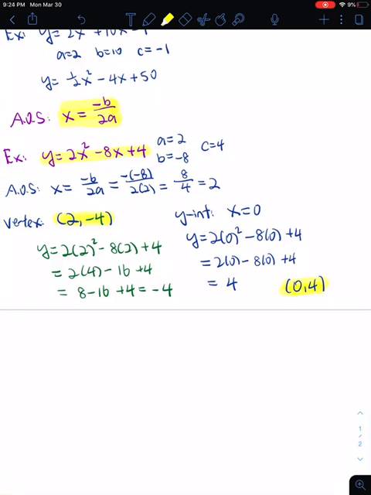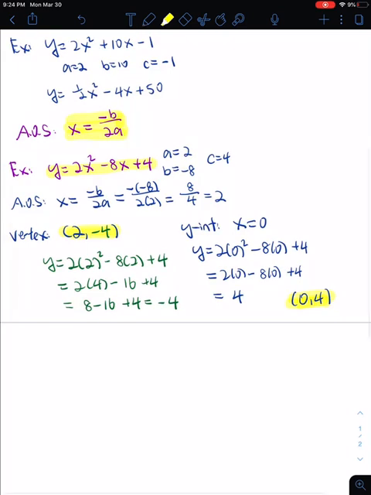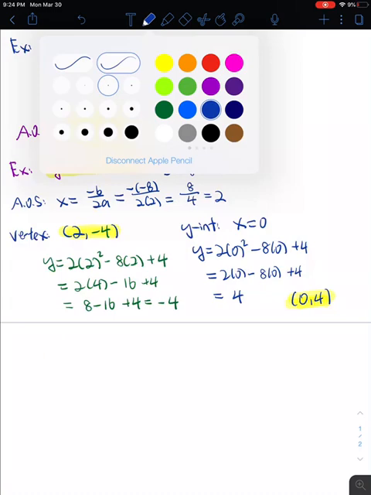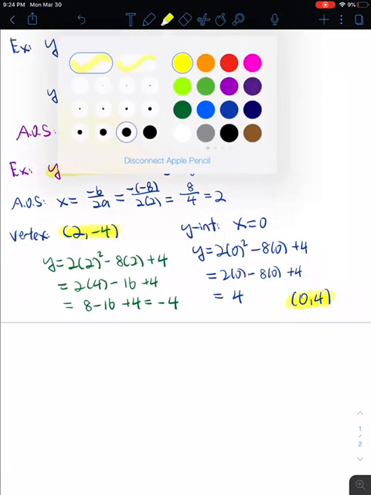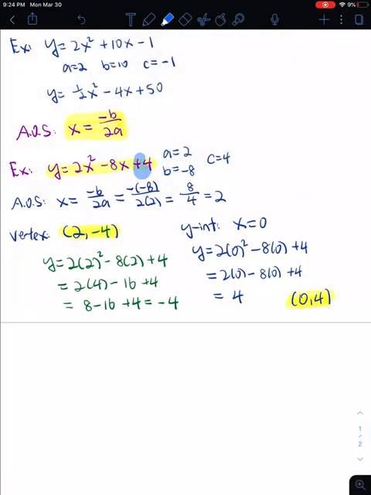Okay, and then if you notice, whenever we find the y-intercept given an equation that's written in standard form, the pattern that I want you guys to see is we're always going to get the answer as my c value. So this right here will always be my y-intercept. Why is that?